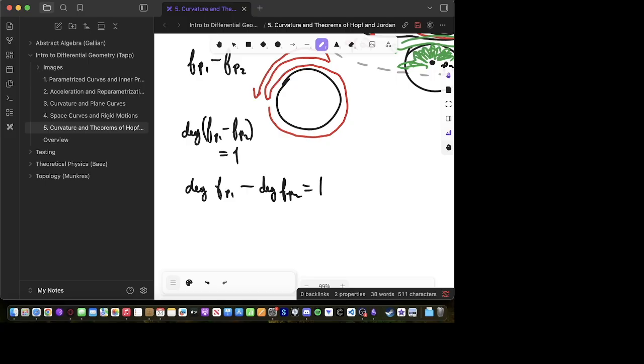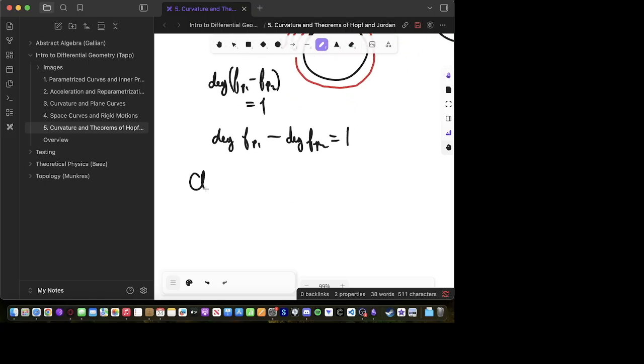So now we have to claim something more. We have to claim that these are the only components. So how will we do that?